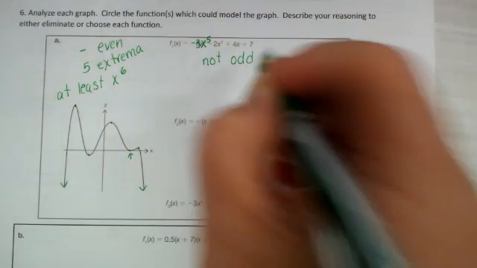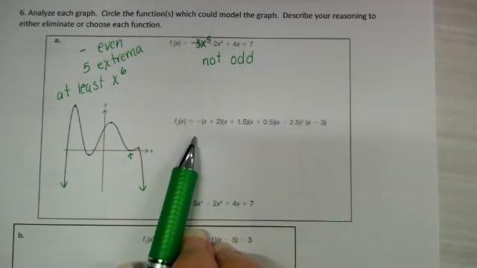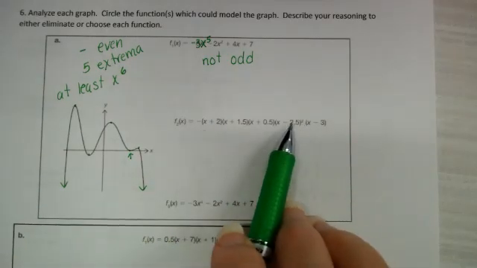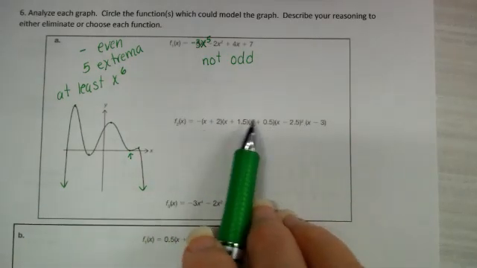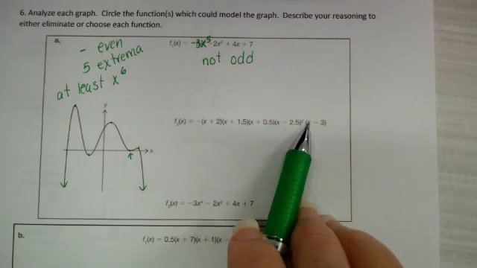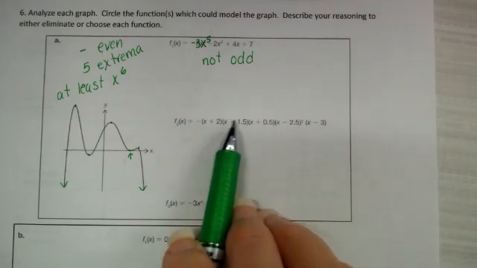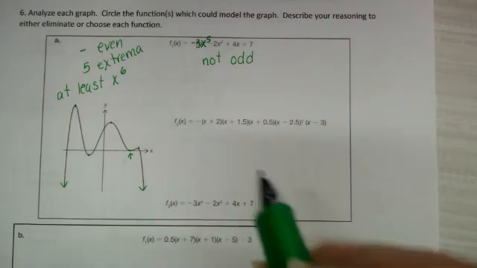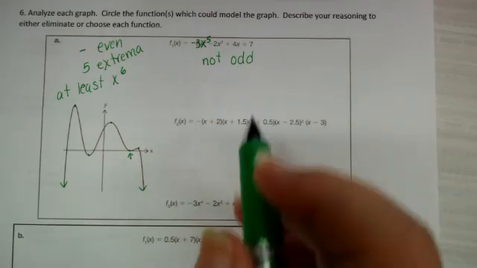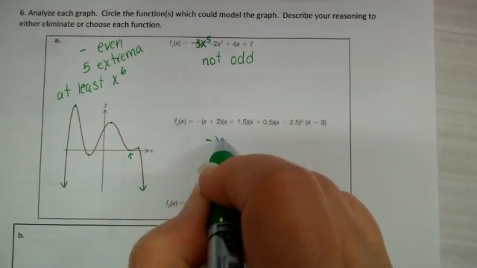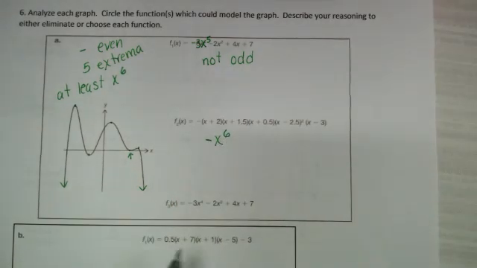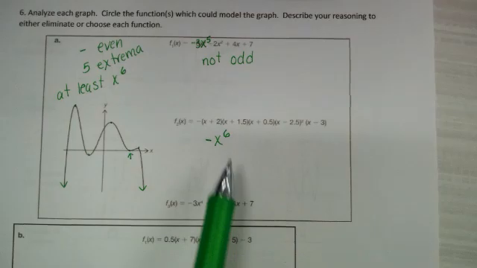So that one is not correct. So let's take a look here. I've got 1, 2, 3. Oh, that's squared, so that counts twice. 1, 2, 3, 4, 5, 6. So if I multiplied everything together, I would have a negative x to the 6th. So this is a contender.